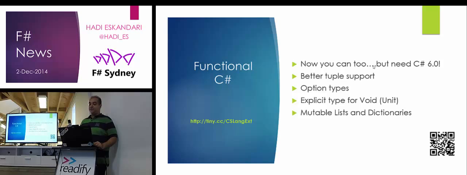And it gives you a few things: option types, much better tuple support, as well as handling null reference exceptions, an explicit type for void, which does not exist in C#, and immutable lists and dictionaries, are a few things among those. That's a very interesting project if you do any kind of C# programming and want to learn F# maybe. Have a look at that.